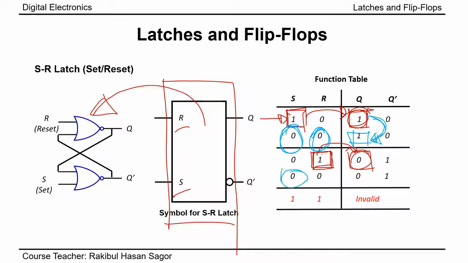Again, for the same 0 0 input, if the previous value of Q is 0, then the next value of Q will also be 0. So the 0 0 input will hold the previous value of Q. It will act as memory. That means it's holding 1 bit of data. For 1 1 input, as I told you earlier, the 1 1 input will be considered an invalid input.